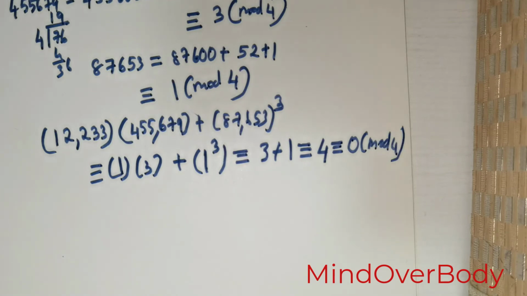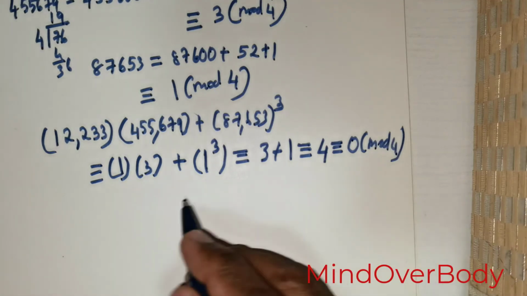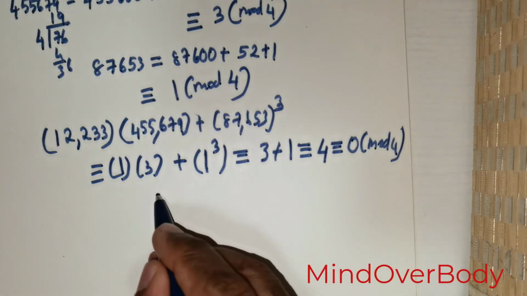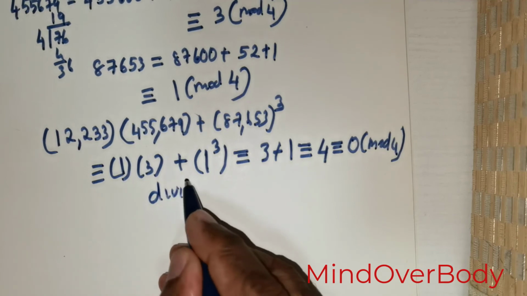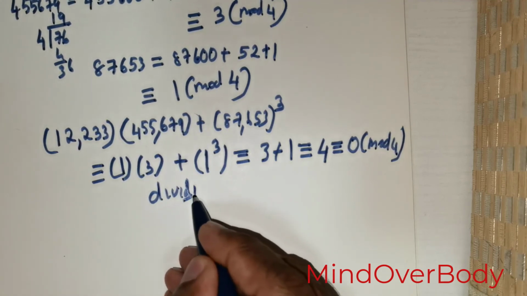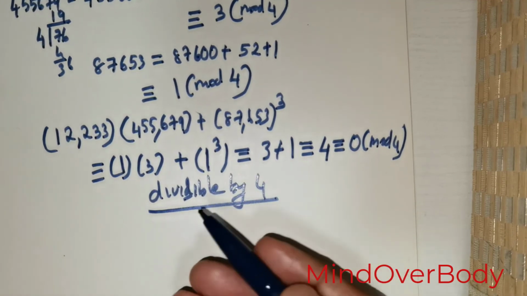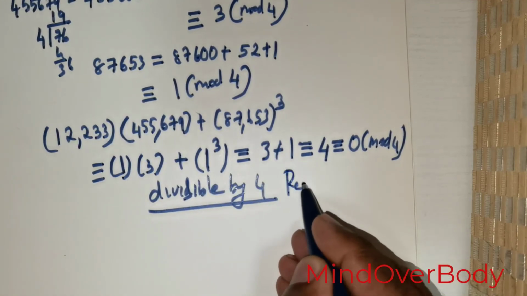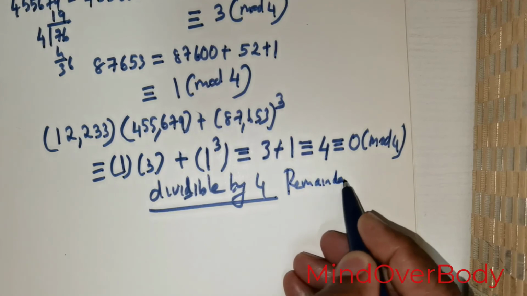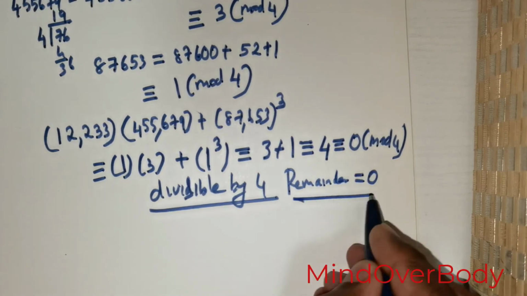Now this involves some process, but with some practice you will gain a greater mastery. So what is the meaning of this? This means the given number is divisible by 4. So that means the remainder is 0. So these are the two inferences.